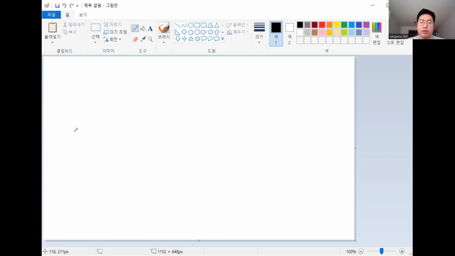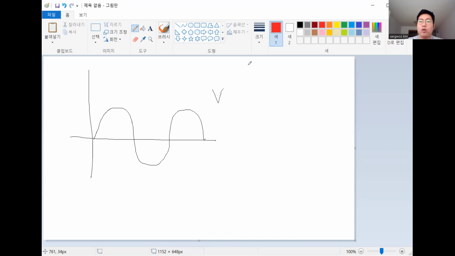So look, guys. This is the graph. First of all, I will draw a voltage here. This is voltage, okay? This is V. And as you know, the inductor is 90 degrees lag, right?